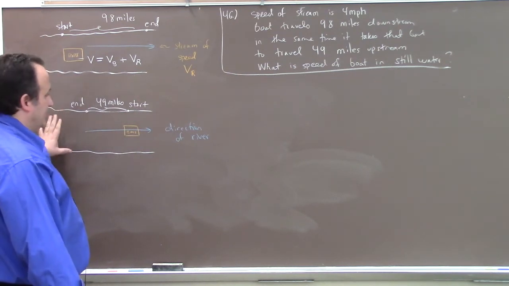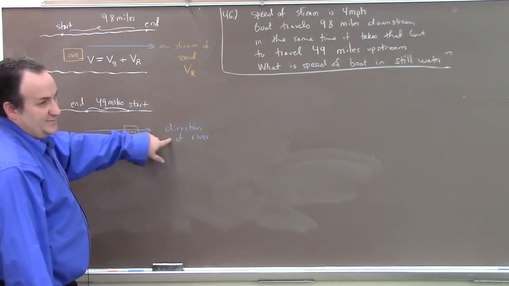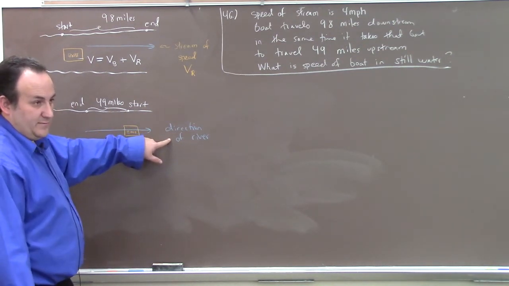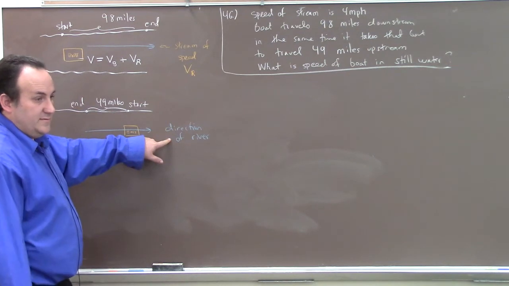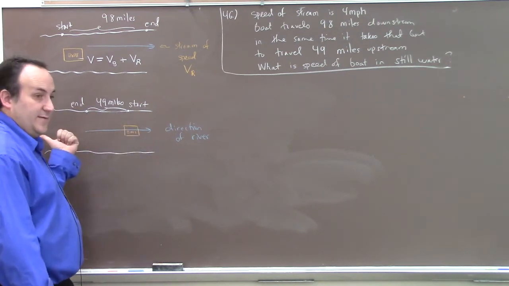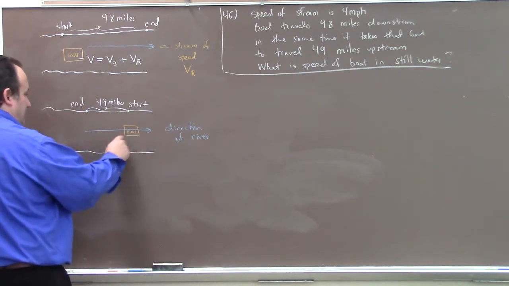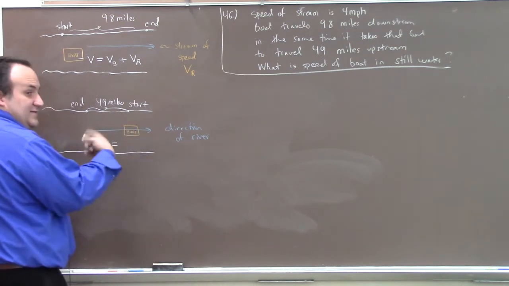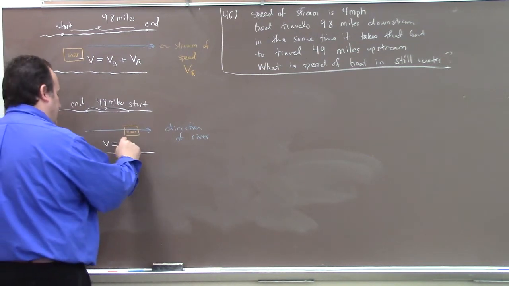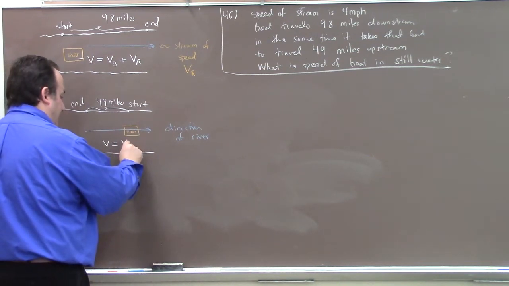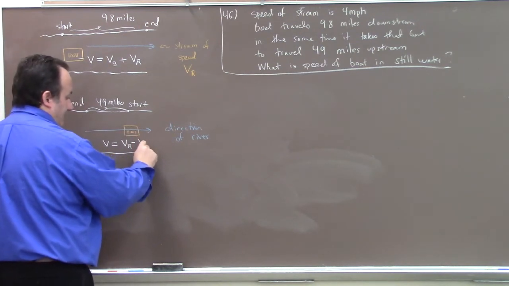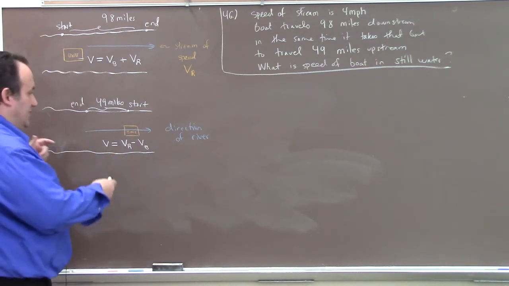In contrast, if the river had speed 10 miles an hour for the sake of discussion, and the boat had a 30 mile per hour motor, it could generate 30 miles per hour relative to the water, then it would only be going 20 miles an hour upstream. So in this case, the velocity of the boat relative to the shore is the velocity of the boat minus the velocity of the river, because the boat is going opposite.